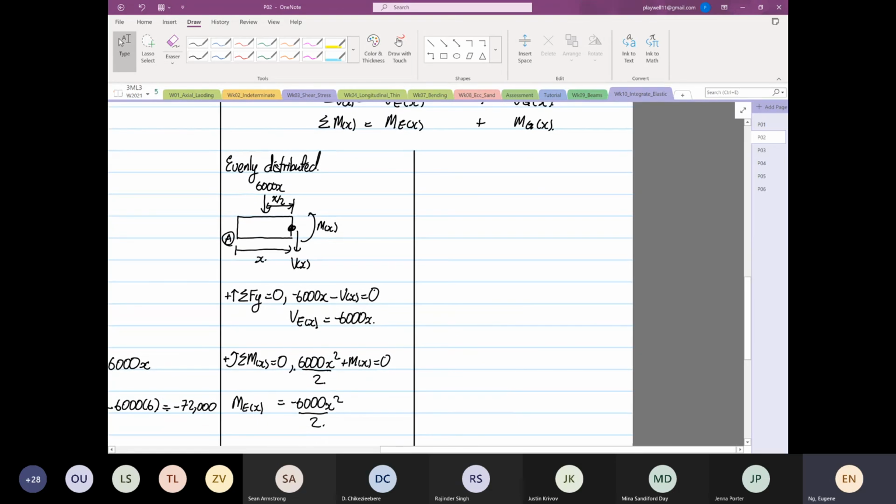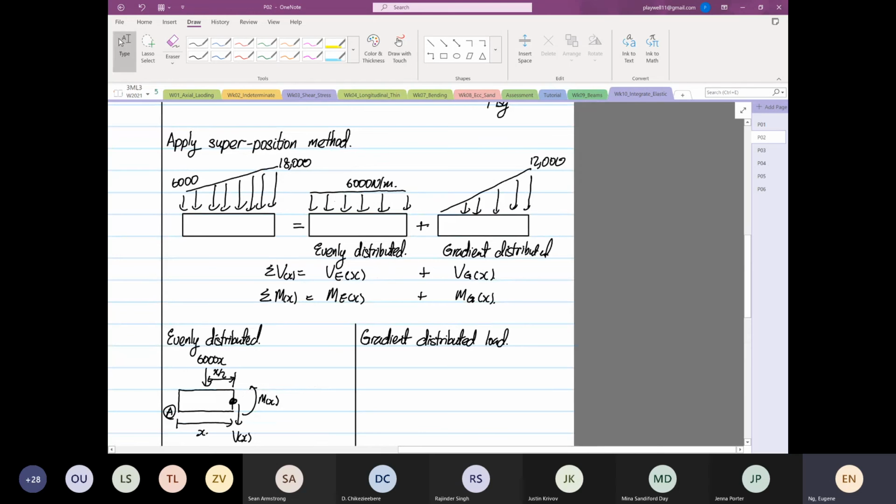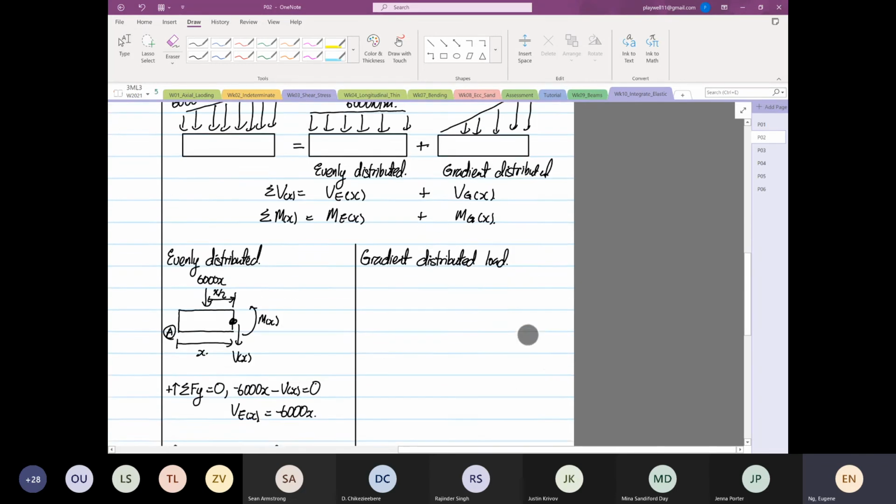Then the next one we have to find. Now I need you all to focus on the gradient distributed load. On the gradient distributed load, we cannot just do half base times height, because the equivalent load as a function of x has to be a function.